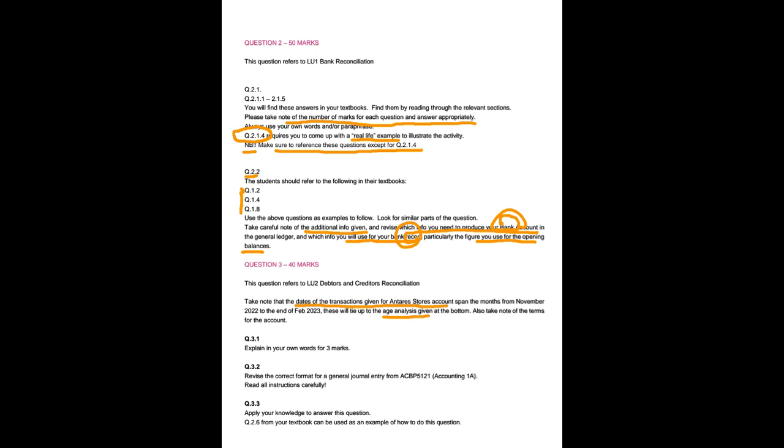So in this case, February 2023 is the current month because we are producing this statement as at the end of February. So any invoices or money that they owe you from February invoices would be current. So working backwards from that, that means that any amounts they still owe you relating to January is 30 days, December is 60 days, and November outstanding amounts would then be 90 days.